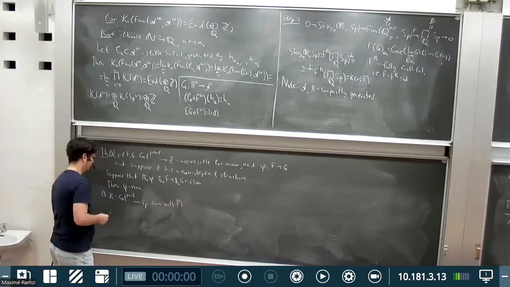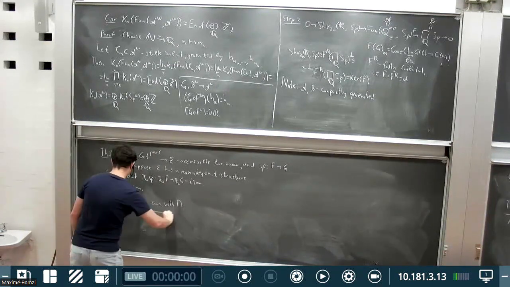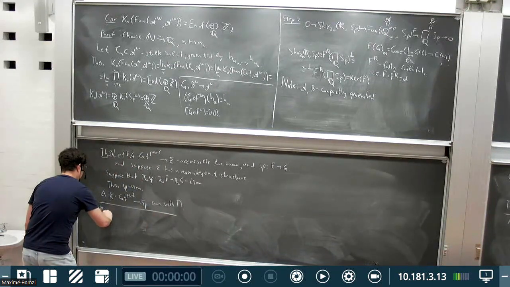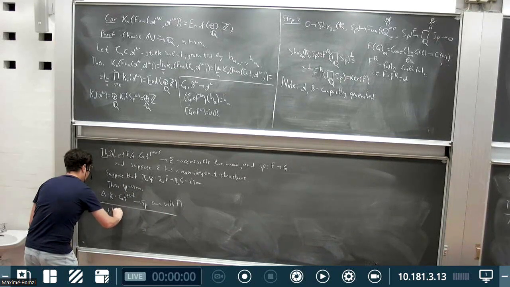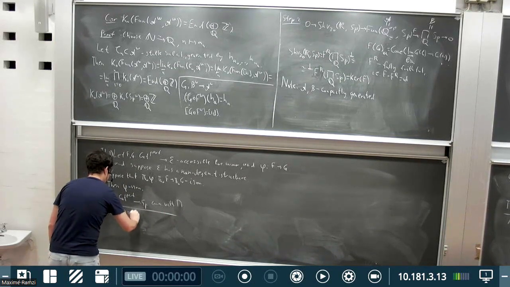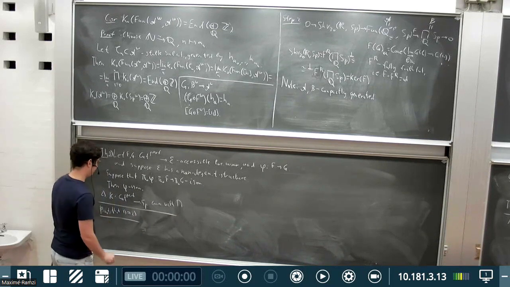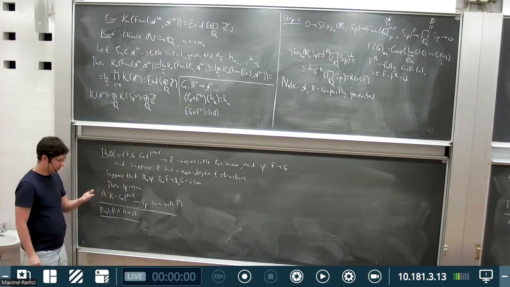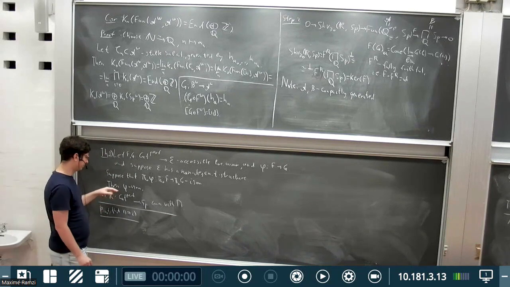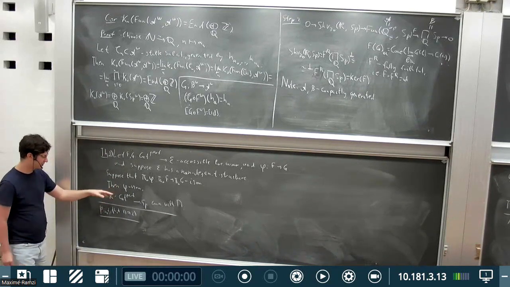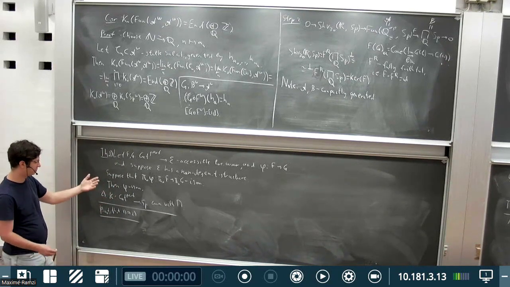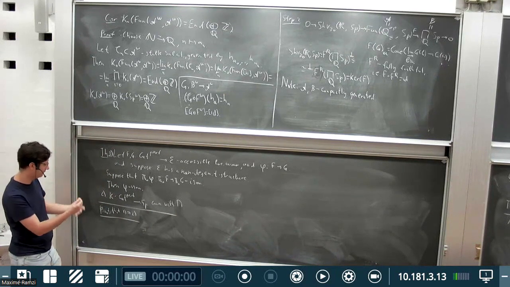Okay, so prove that one implies two. As Thomas already mentioned today, if you want to prove something for families of objects, you can just assume that the objects are the same.